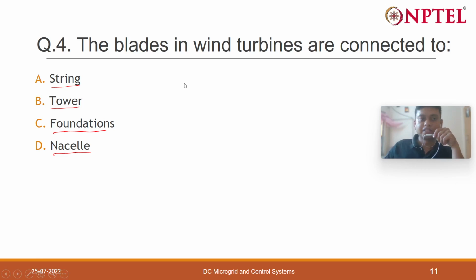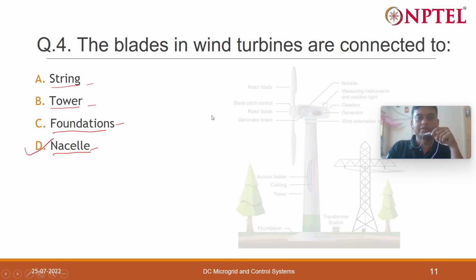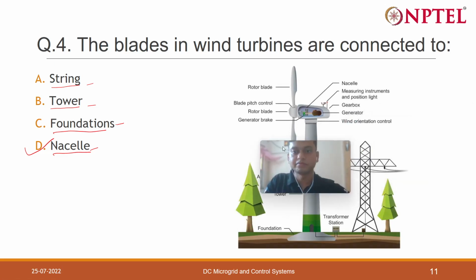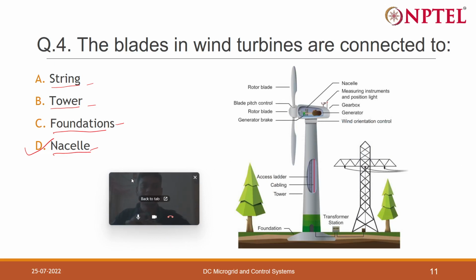So I will first demonstrate what these terms mean: strings, towers, foundations, nacelle in the wind turbine. And the correct answer for this question is nacelle. Here you can see the wind turbine.